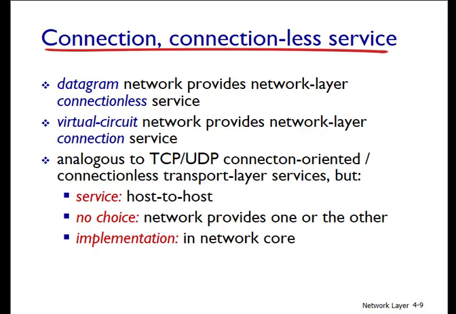The implementations of connection-oriented service in the transport layer and the connection service in the network layer are fundamentally different. We saw in the previous module that the transport layer connection-oriented service is implemented at the edge of the network in the end systems.